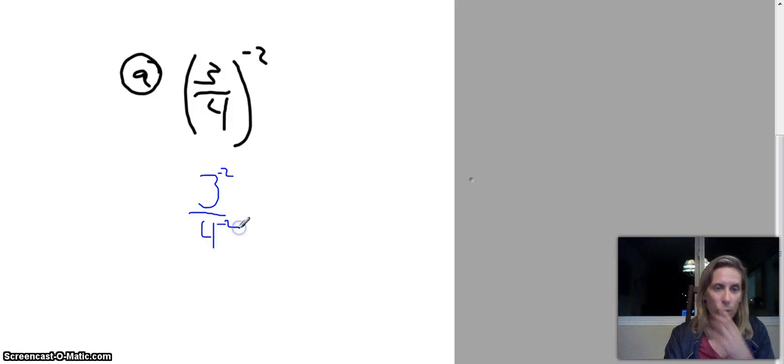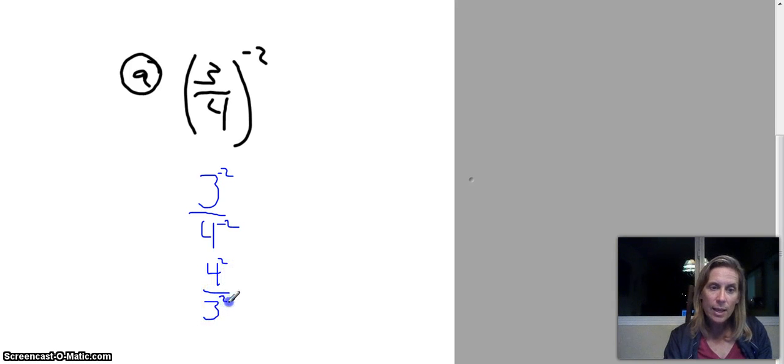Right? Which means that both terms are going to move to their inverse location. The 3 will move down, the 4 will move up, and they'll carry that little exponent with them, won't they? So we can call this 4 to the second over 3 to the second.